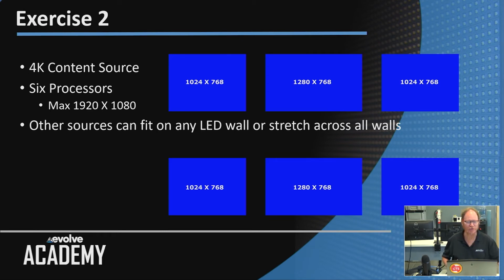And we did that on purpose because we can show you how LivePremier is different than some of the other screen management hardware. So 4K content, so there's a 4K, that's a capacity 2. 6 processors that are maximum of 1920 by 1080. And sources have to either fit in these windows or stretched all the way across. So when we say it's got to stretch all the way across, and it's a 4K source, that means we have a capacity 2 layer someplace.